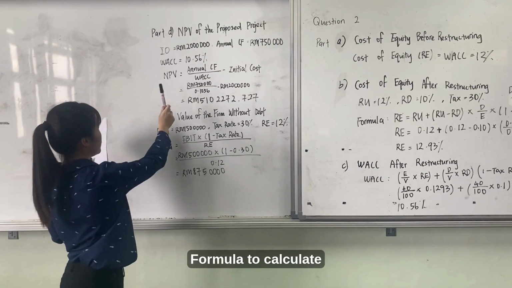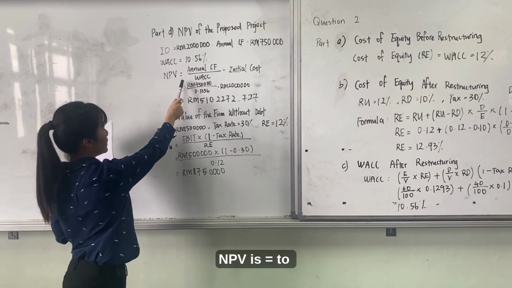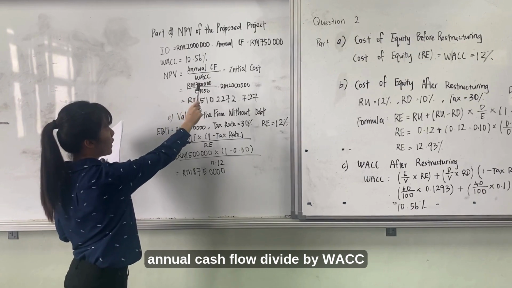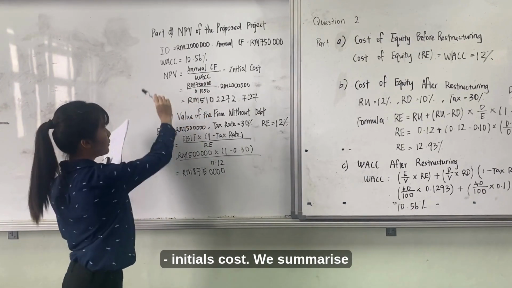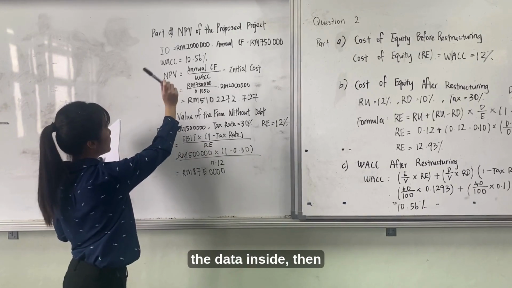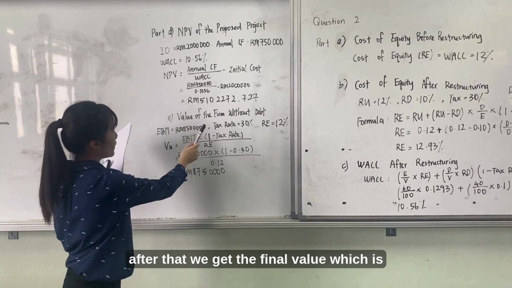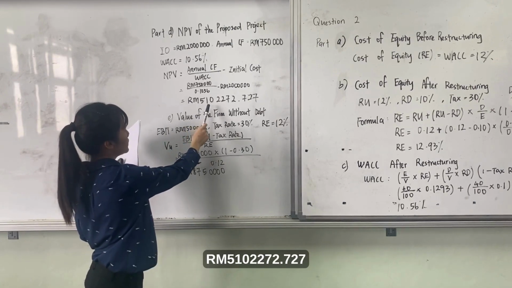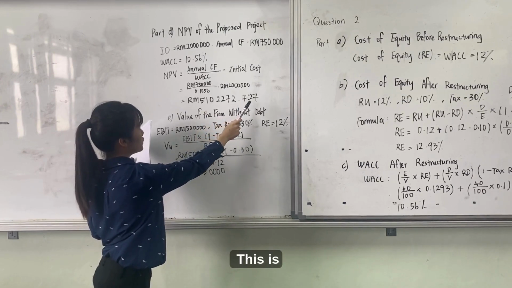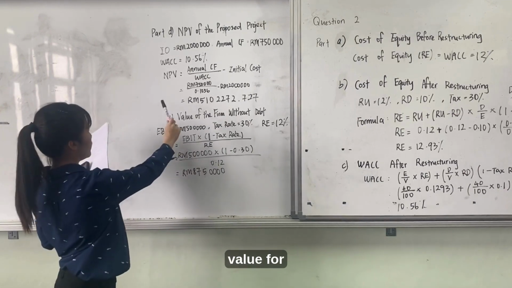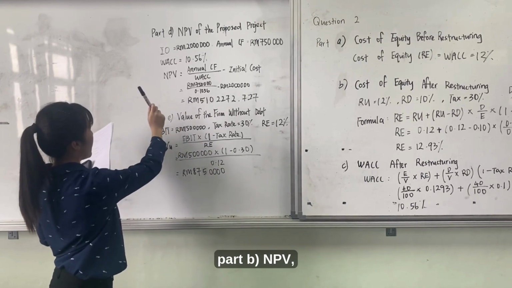The formula to calculate NPV is annual cash flow divided by WACC minus initial cost. We substitute the data inside, and then we get the final value, which is 5102272.727. This is the value for the part D NPV.